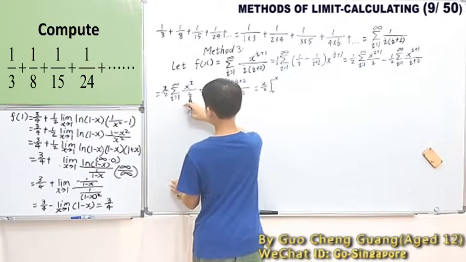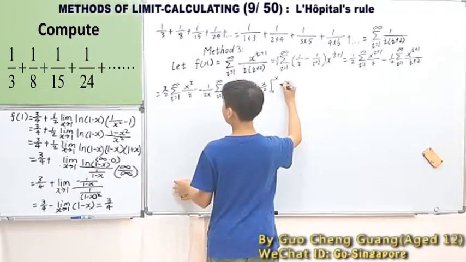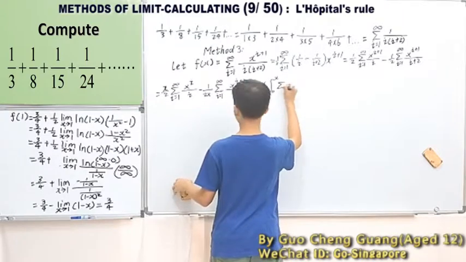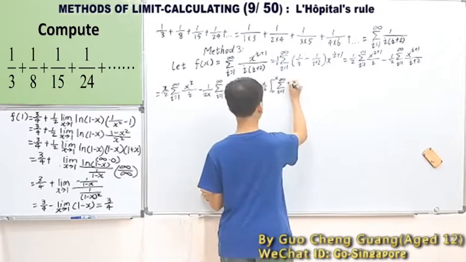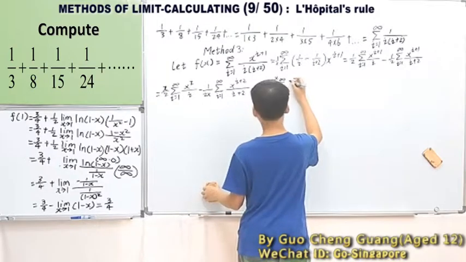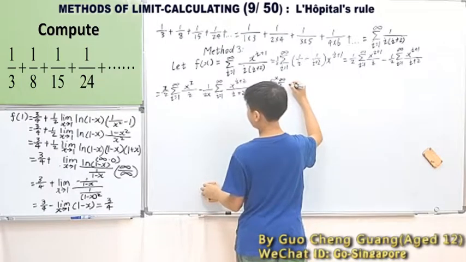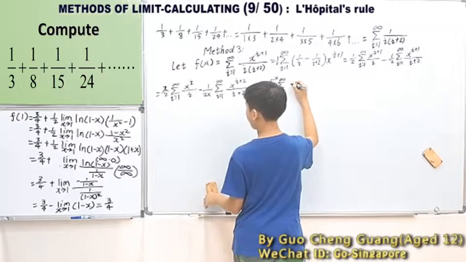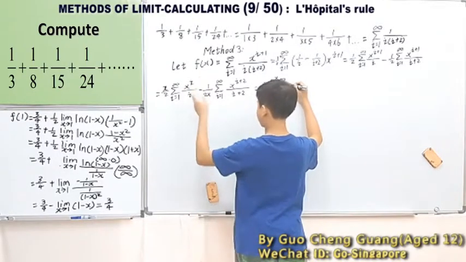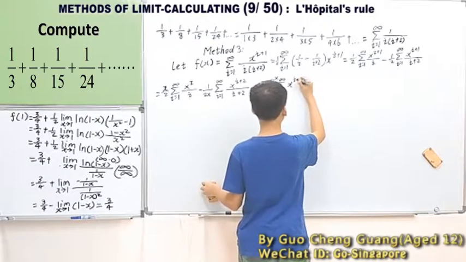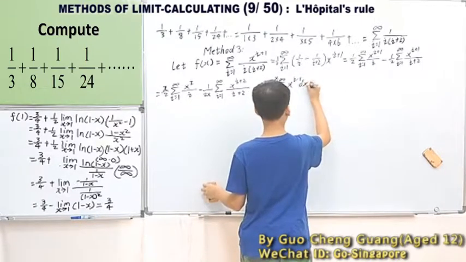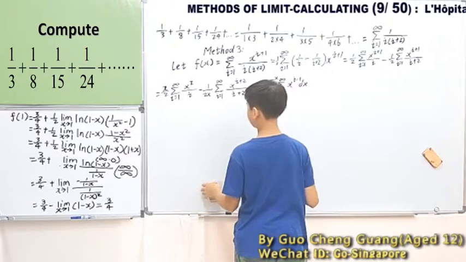So for this part, when you differentiate, sigma still stays the same. So here, x to the power of i, then over i. Differentiate, so this i is taken out. So it becomes x to the power of i minus 1, then dx.